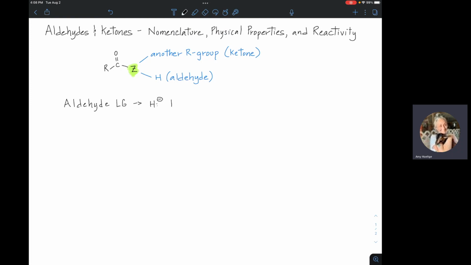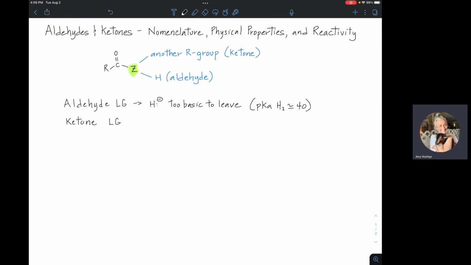So this is way too basic to leave on its own. The pKa of its conjugate acid is somewhere around 40. If we have a ketone, we can think about it the same way.